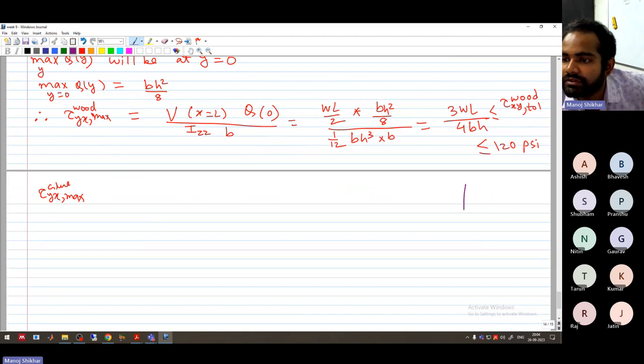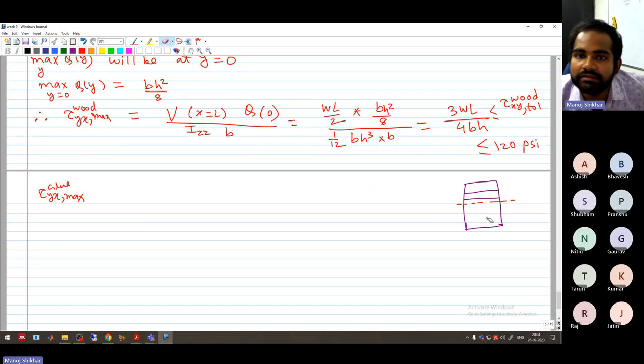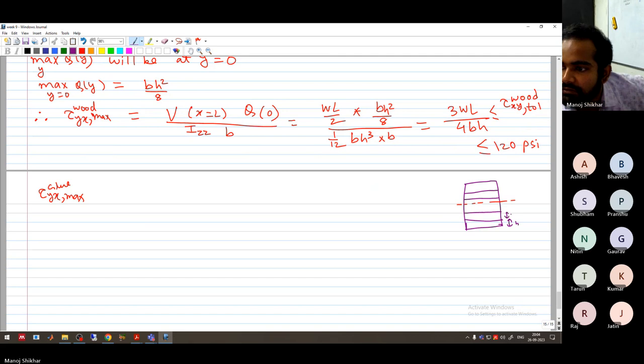So suppose this is our neutral axis. These blocks are of height h by 5. The total height is h.